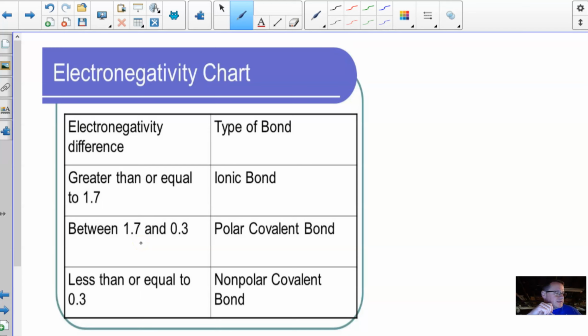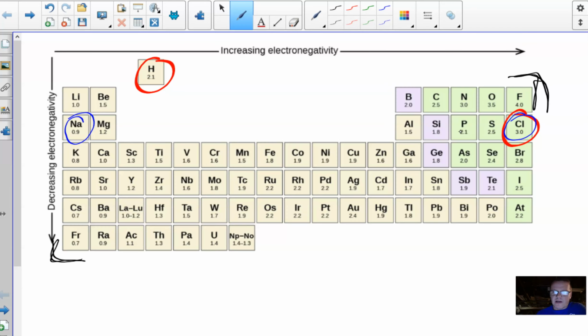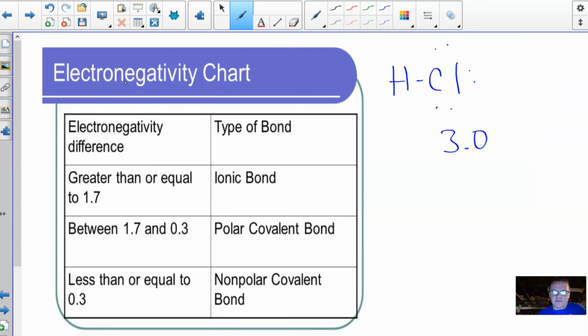Let's take the compound that we just did, hydrogen chloride. Remember, chlorine has its lone pairs around it. Chlorine has that 3.0 electronegativity value, while hydrogen has 2.1. The difference, 3.0 minus 2.1, is 0.9.